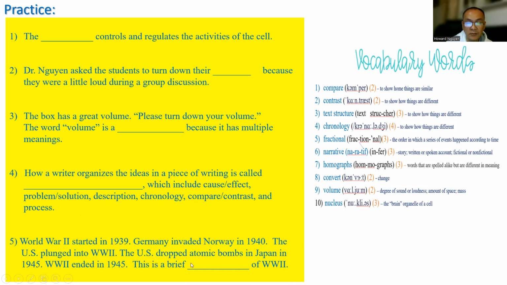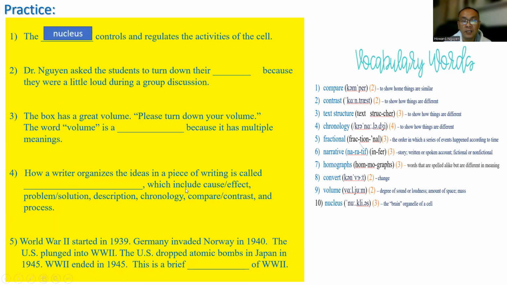The US dropped atomic bombs on Japan in 1945. World War II ended in 1945. So this is a brief blank of World War II. So what word can you put here? Pay attention to the context clue. So pause the video and work it out. When you finish, resume the video.